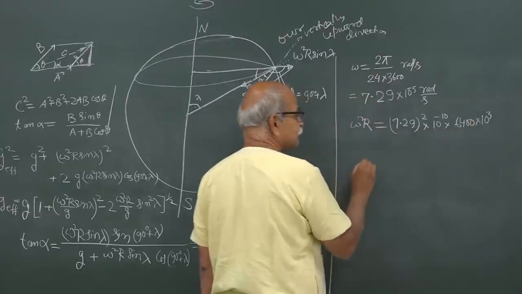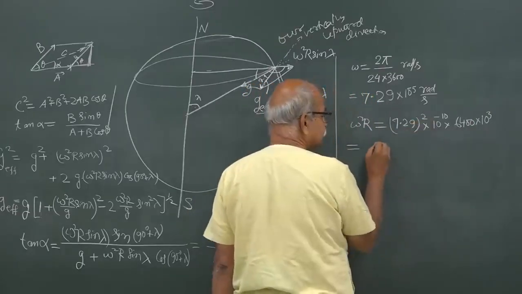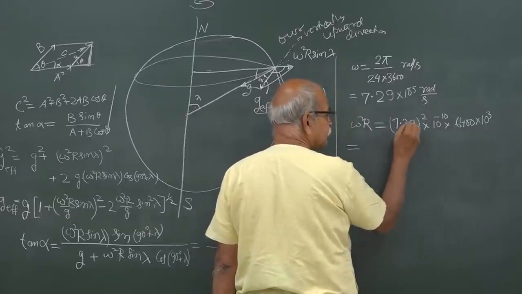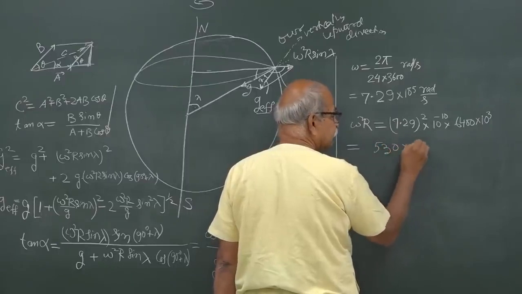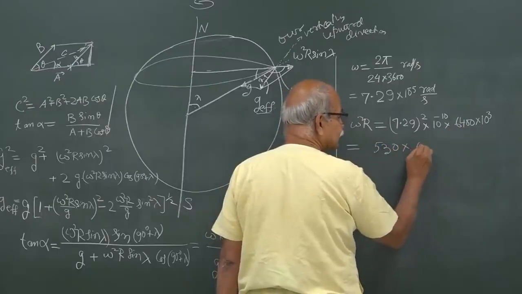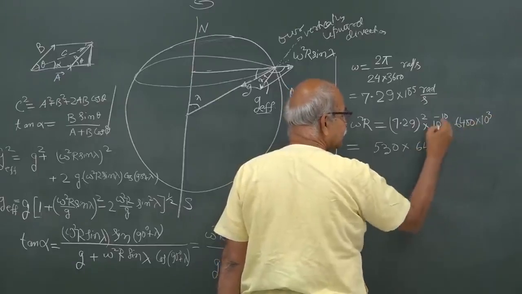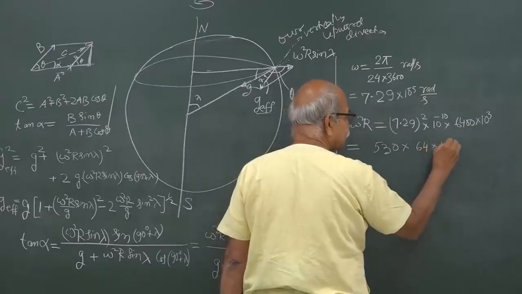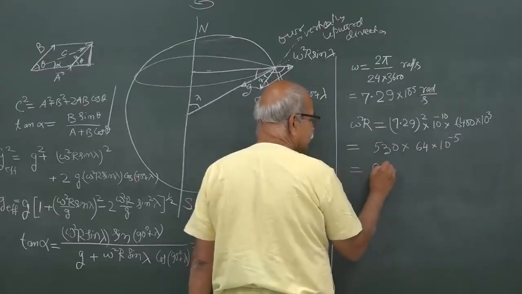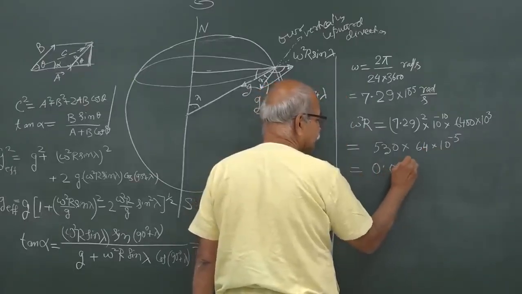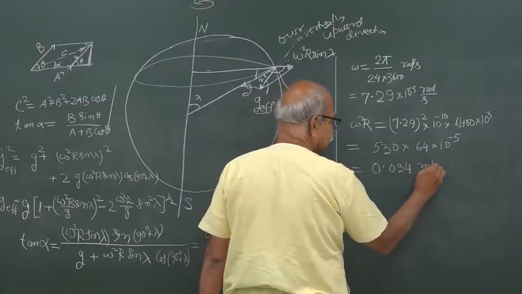So, this quantity is something like 53.0 into 64 and then 5 here and into 10 power minus 5. So, that is omega square r, and this turns out to be 0.034 meter per second square.